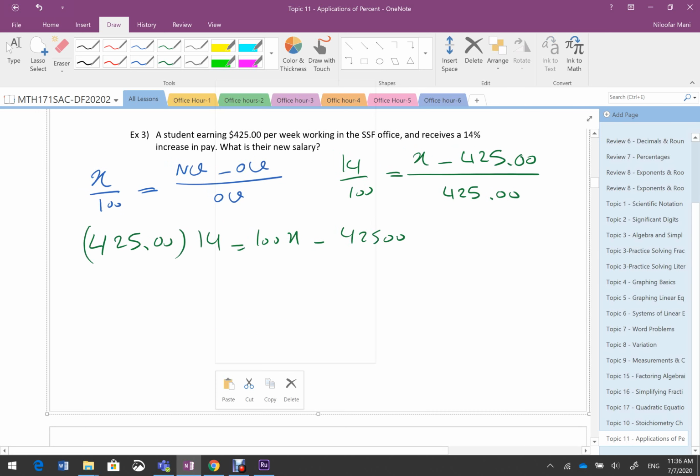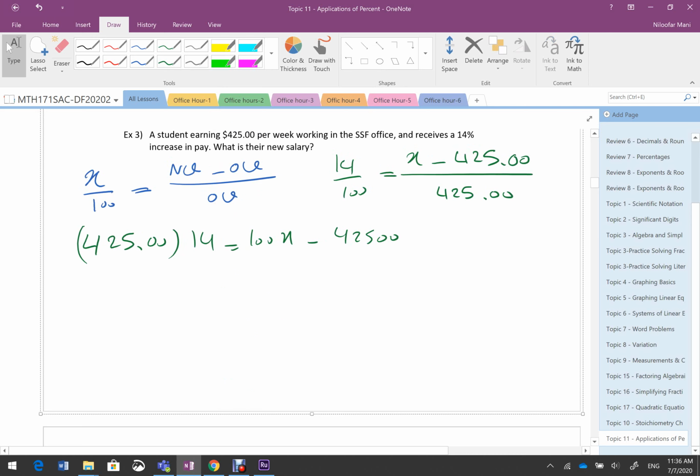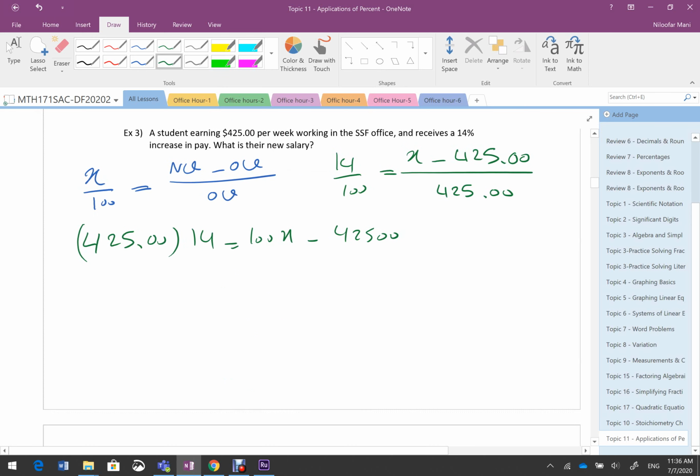So I have 100x on one side, and 425 multiplied by 14. So I can do that: it's 42500 plus 425 multiplied by 14.